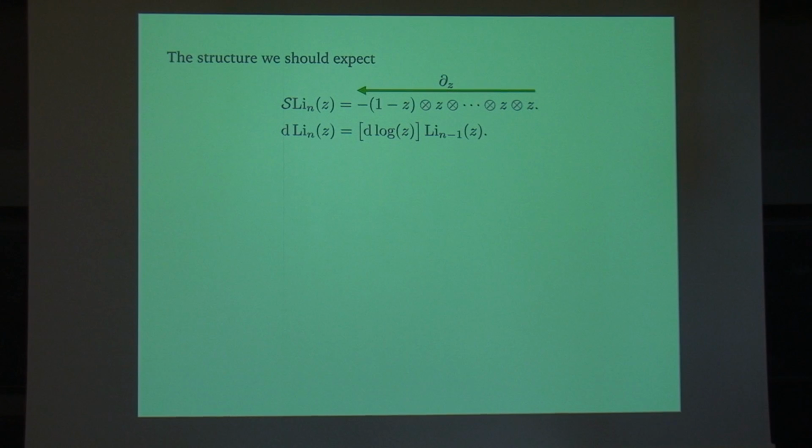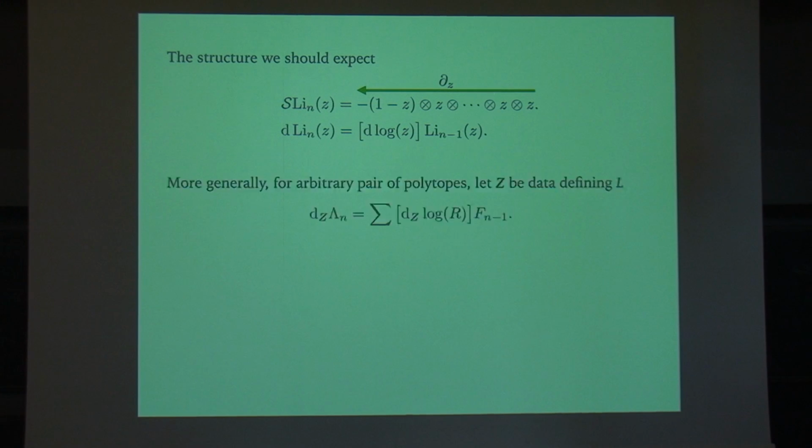Let's see. This is the structure that we should expect when we take derivatives. And as you can see in this simple example, when we take a derivative, in general we should expect a dlog times some function of lower weight. And more generally, we can summarize it in this form as a linear combination.